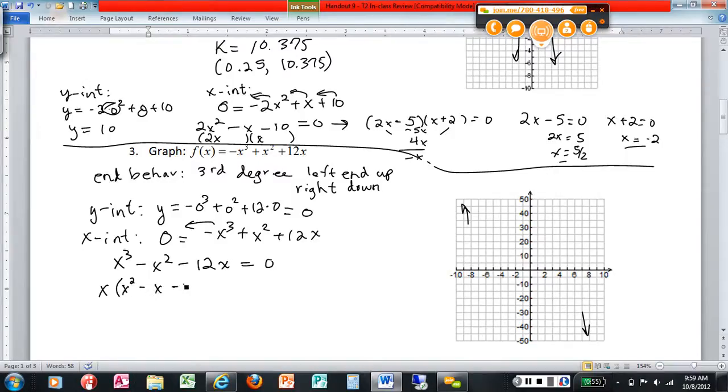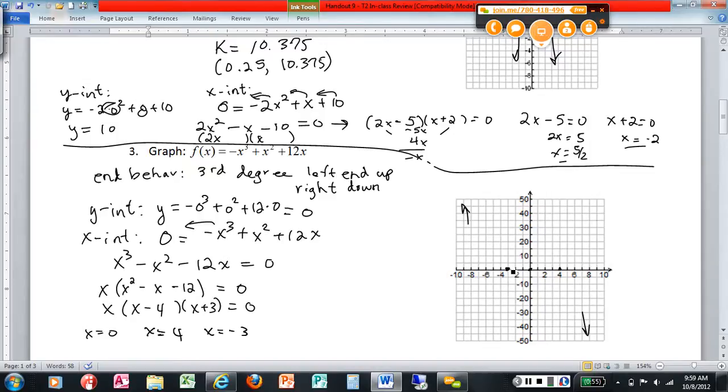So we have x times x squared minus x minus 12 in parentheses there. And then the x squared minus x minus 12 factors nicely as x minus 4, x plus 3, doesn't it? That would give us the middle term of a minus 1. So there you go. There's x is 0. Set that to 0 and then add 4. You got x is 4. Set that to 0 and subtract 3. We've got negative 3. So those are my intercepts. We got y-intercept of 0, x-intercept of 0, same point, x-intercept 4, x-intercept negative 3.